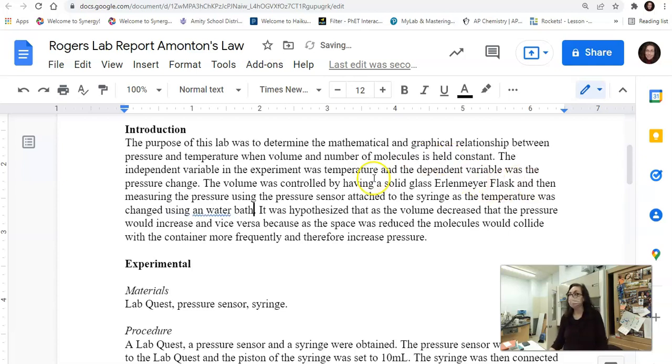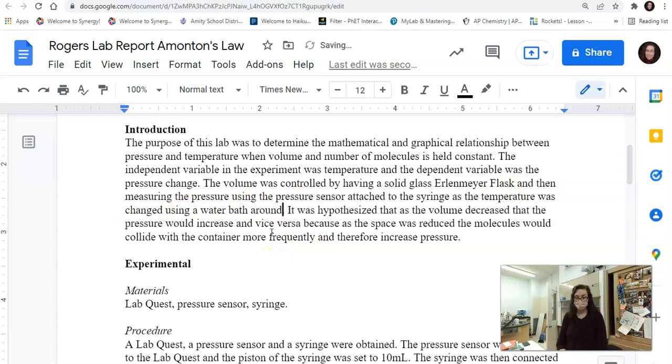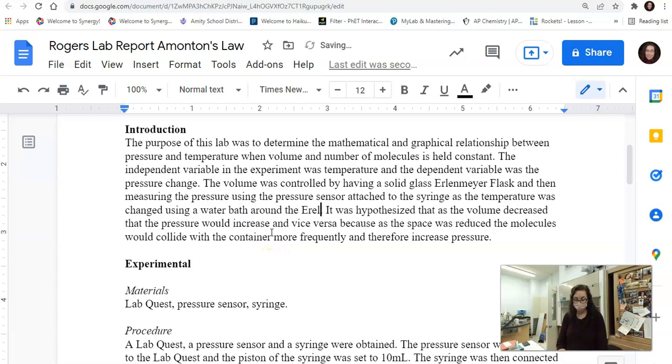Okay, so you could have said something different, but as long as you're explaining how the experiment worked. So we controlled the volume of the Erlenmeyer flask and measured the pressure using a pressure sensor as the temperature was changed using a water bath. You could even say something like around the Erlenmeyer flask.